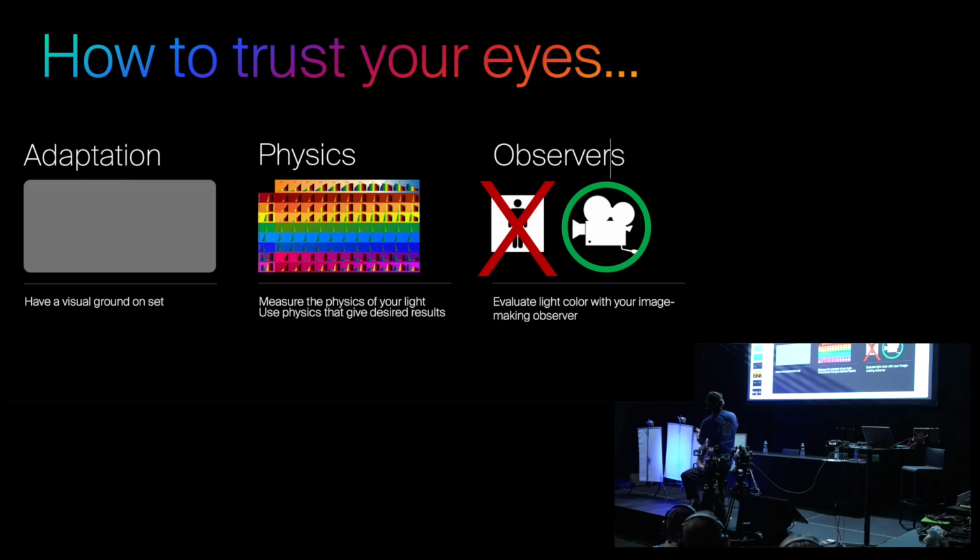Choose the right physics to get the result that you want, and evaluate all these things at the end with the observer that is the observer for your project, the camera. So that's pretty much it.